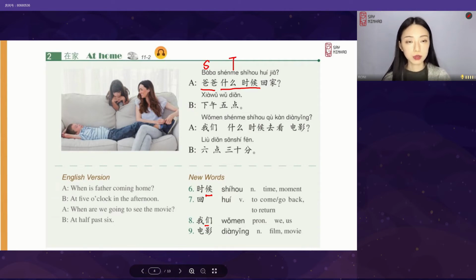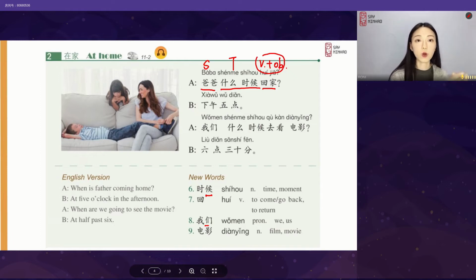The when. And 回家 means go back home, which is verb plus an object. Okay, so this is the predicate. Okay, 爸爸什么时候回家? When will father be coming home?